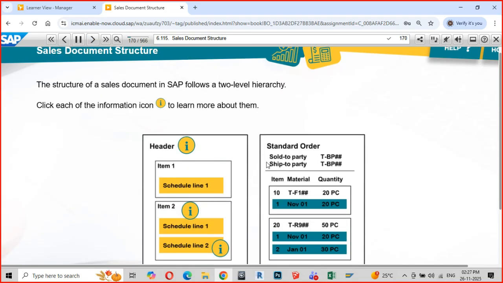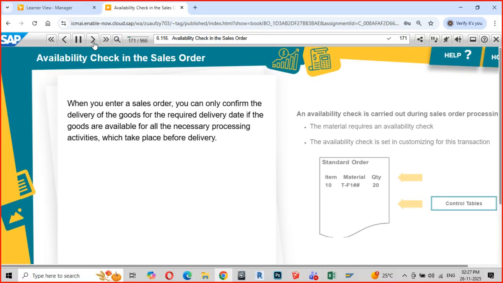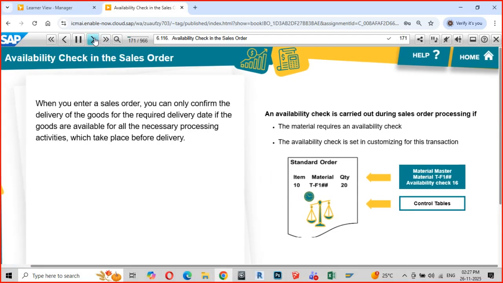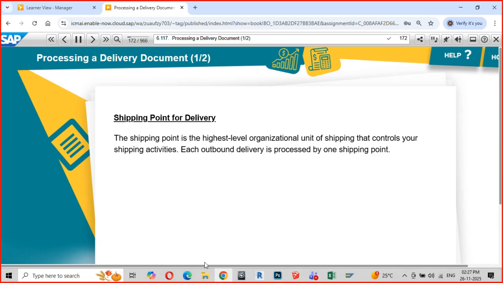So we just understood, or we had earlier understood the concept of what is sold to party, ship to party, bill to party, pay to party, right? Click on each information icon. Please read it in your leisure. Availability check. Processing a delivery document.